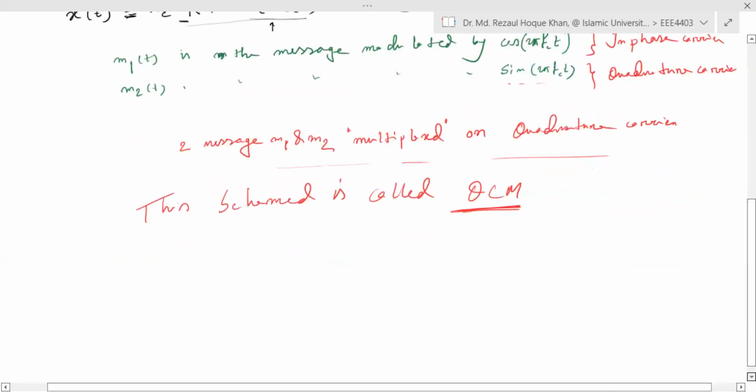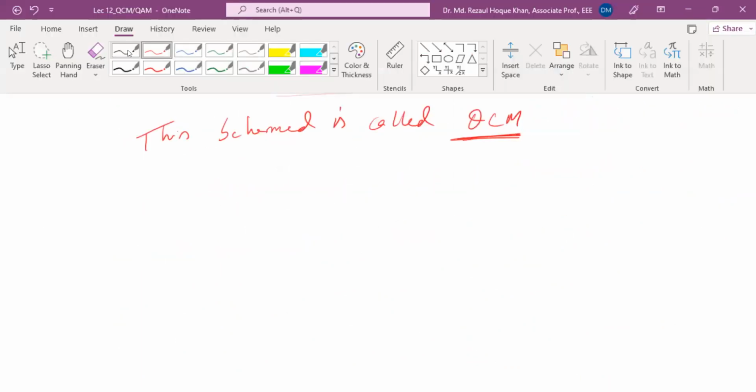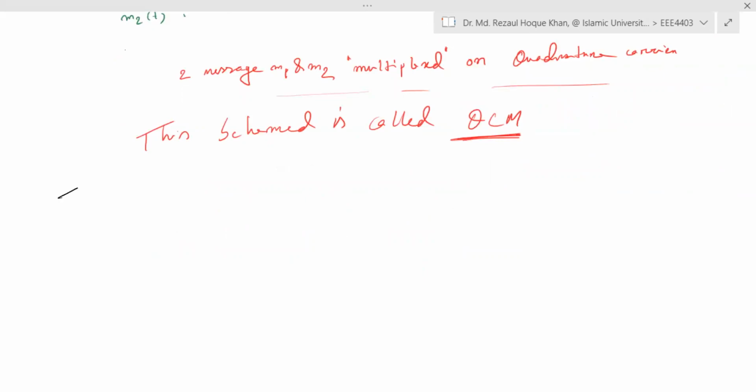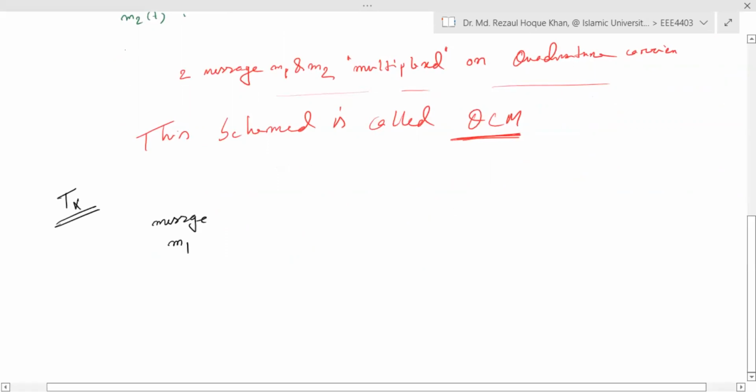Let's see how the transmitter looks like. So you have a message signal M1.